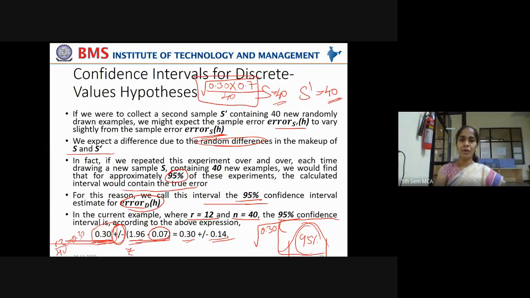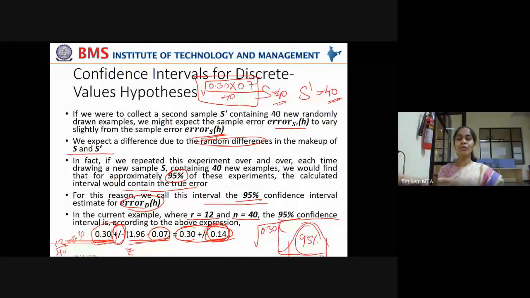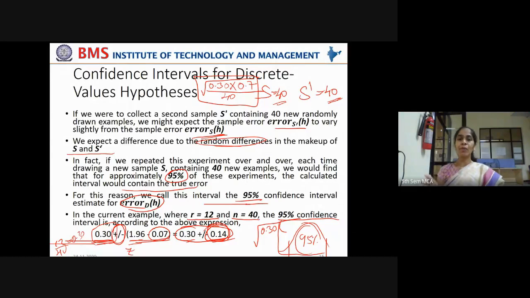So in this case, what is the true error? 0.30 plus or minus 0.14. So you're telling the users to adjust for plus or minus 0.14 variation in the true error. Your sample error is 0.30 and the true error will be either 0.16 or it may be 0.44. 0.30 plus 0.14 is 0.44.